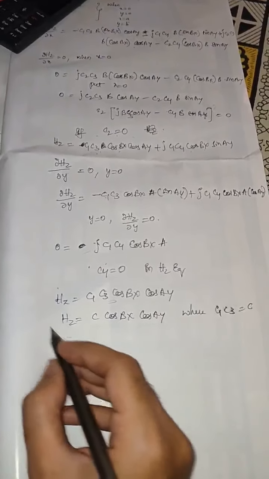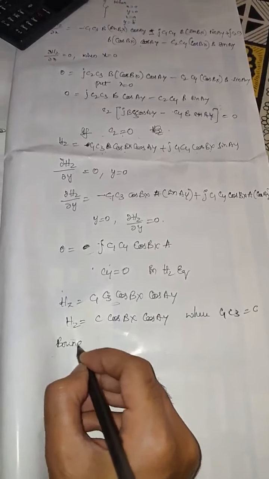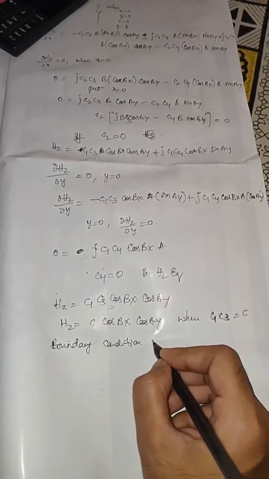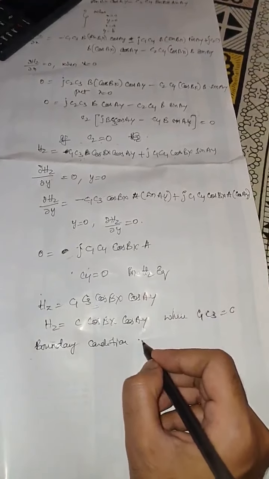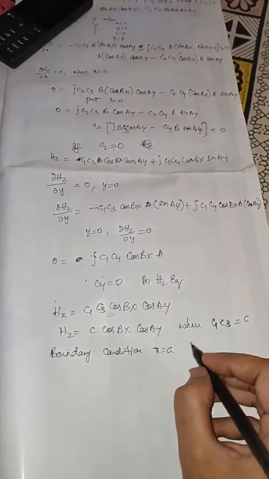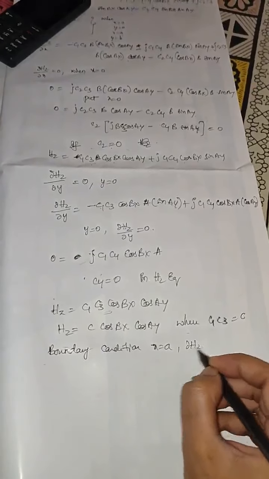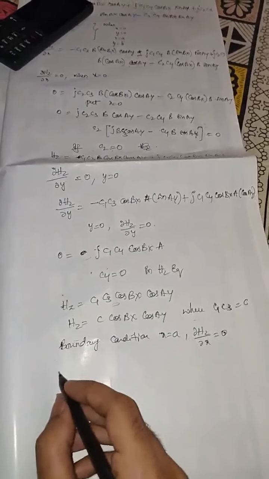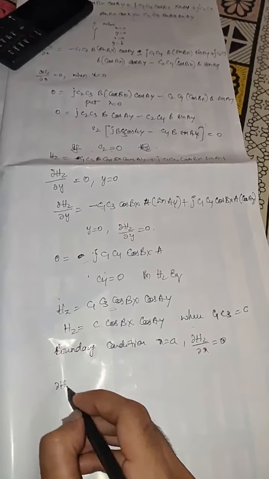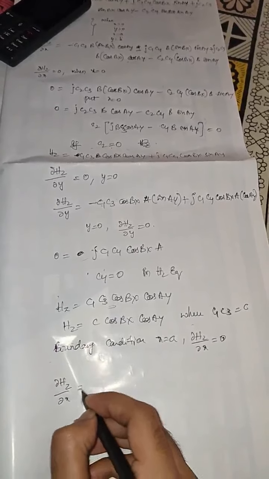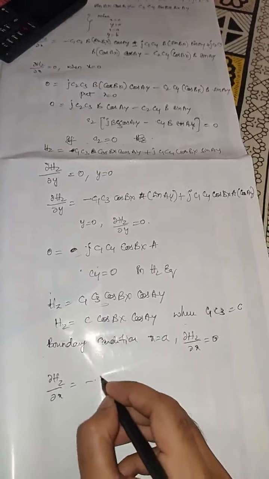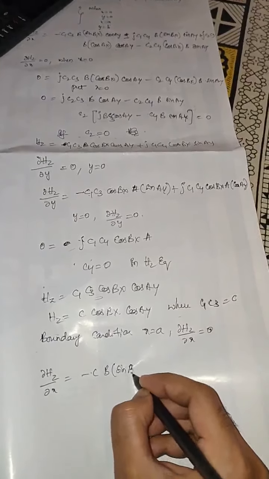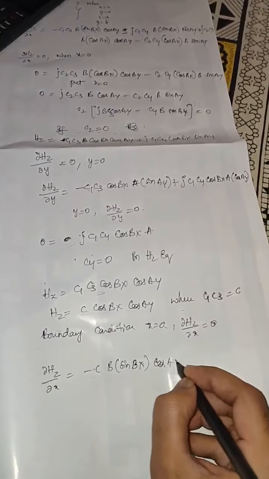Now we substitute the other boundary conditions. When x is equal to a, ∂Hz/∂x is equal to 0. If I differentiate this term with respect to x, we get minus C b multiplied by sin(bx) cos(ay).